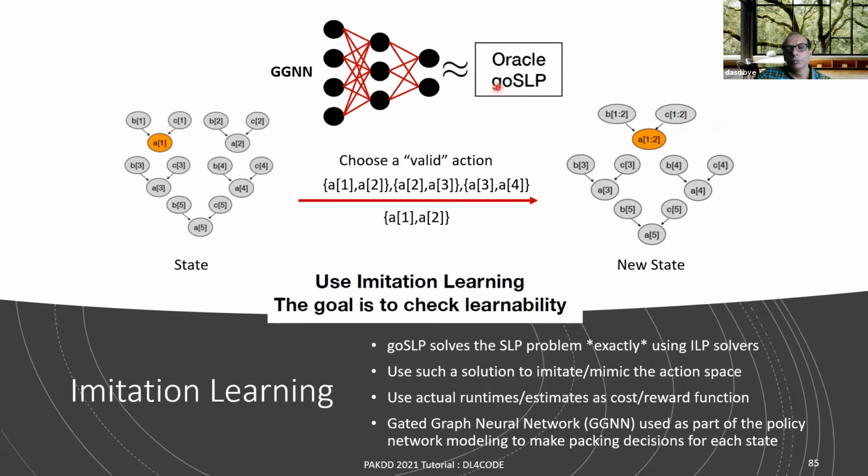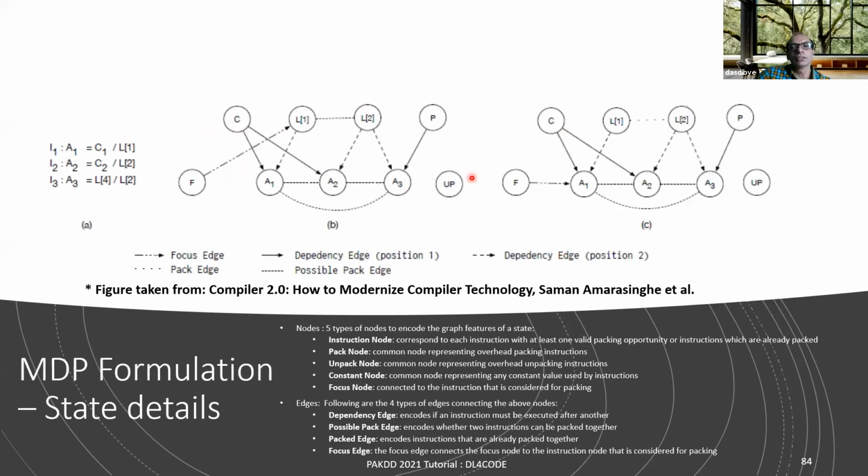And that will be your policy decisions, right? From one MDP state to another, what are your policy decisions? Those policy decisions will be handled by a gated graph neural net. Each state, as I showed you earlier with this kind of graph, is modeled as a GNN, with these as your graph nodes and the whole thing as your graph neural net.